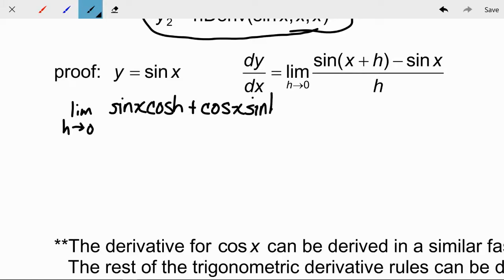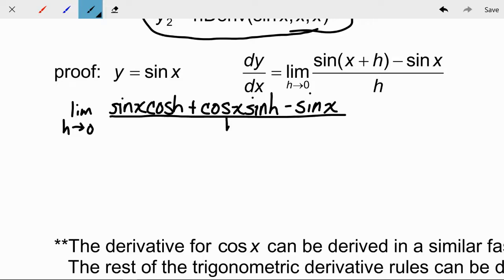So you probably went through that property when you took pre-cal. You didn't use it a whole lot, but this is one example where you would use that. I'm not expecting you to know that property. I just wanted you to see this actual proof worked out.